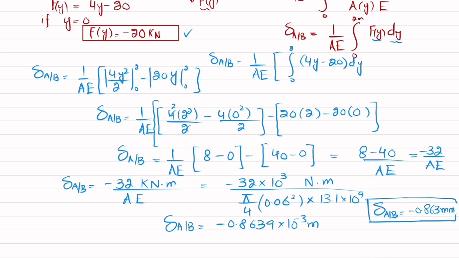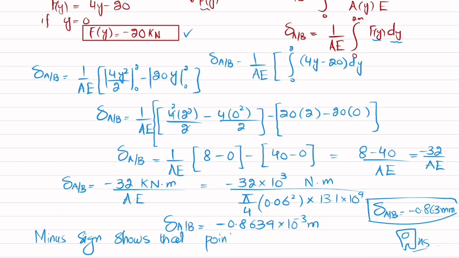Now this minus sign shows that point A moves towards B.